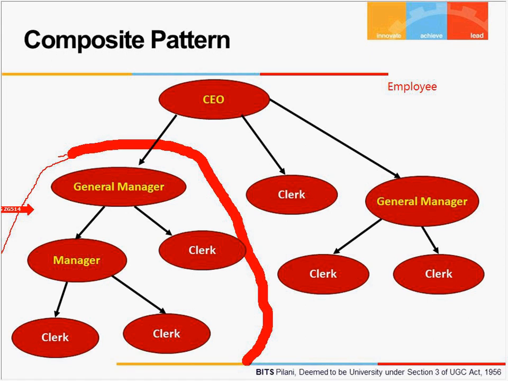So you need the composite object also if you want to extend it to the entire tree. I'm just working with this tree, and the implementation shows how to create this particular part of the tree, right?